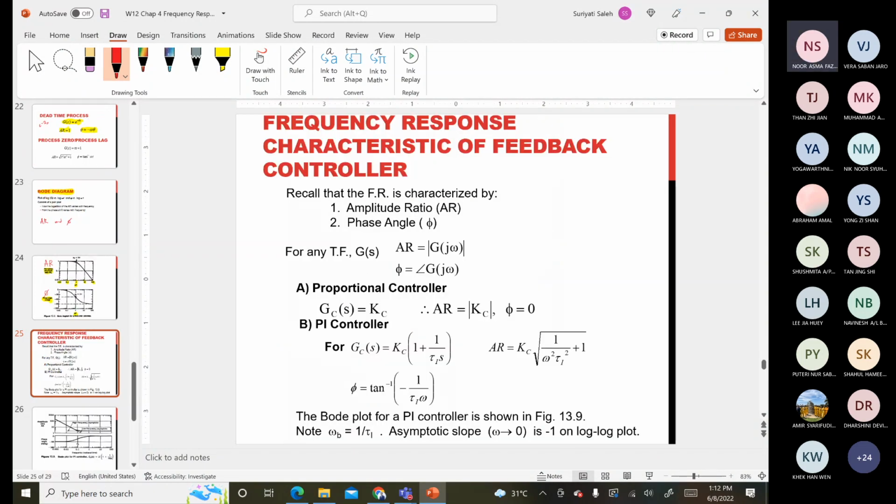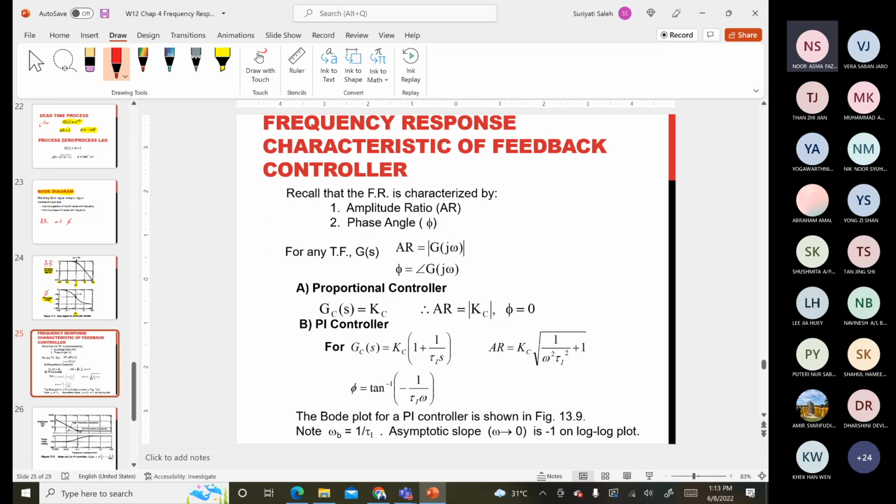Next, of course, we want to observe the characteristic of our controller. So for example, when we use the proportional controller or the PI controller, what happens? First of all, we need to do the conversion: how we can convert the expression for the controller into the frequency response.